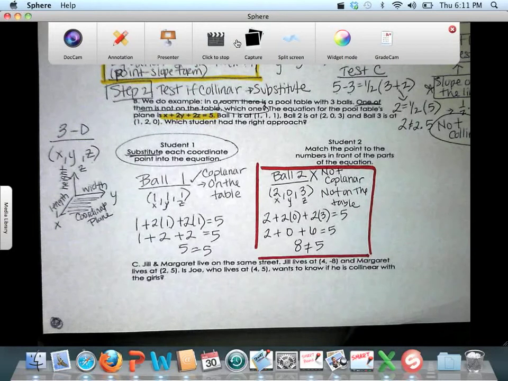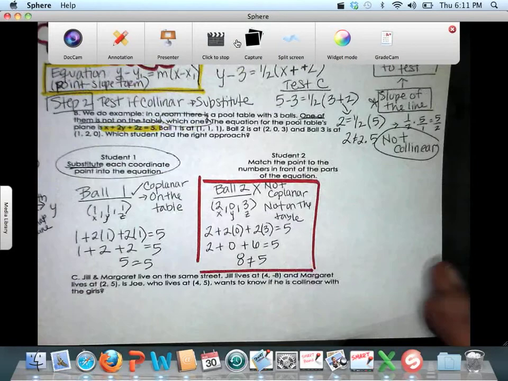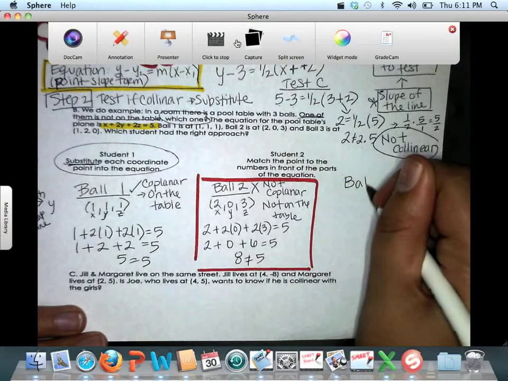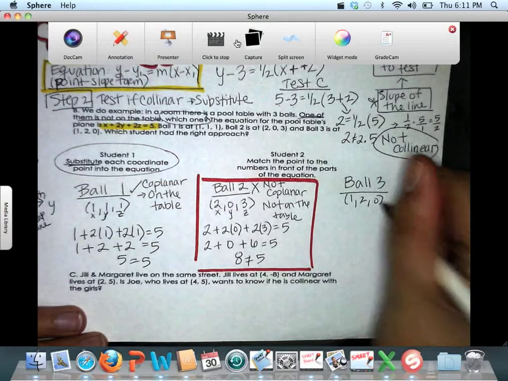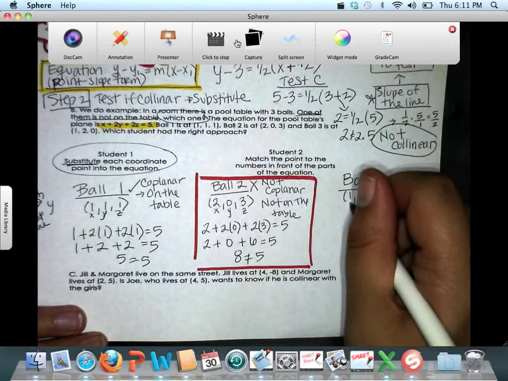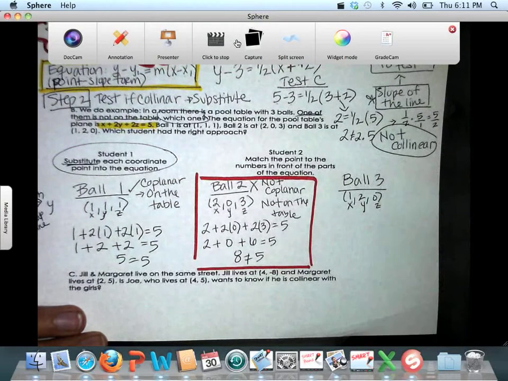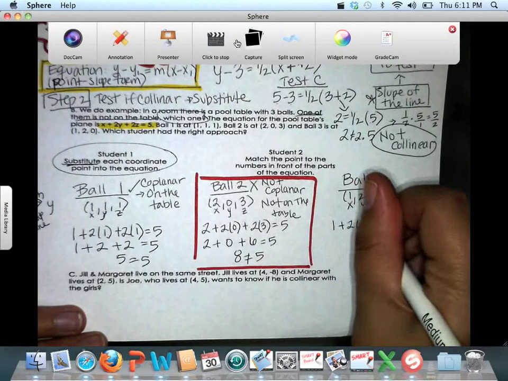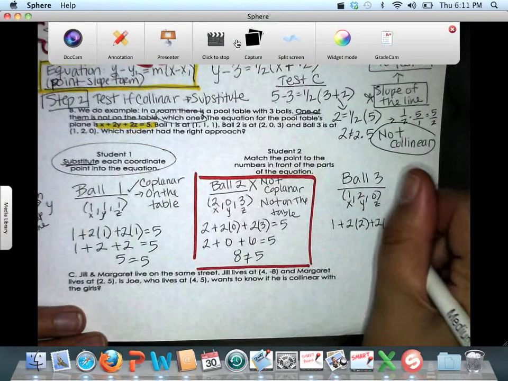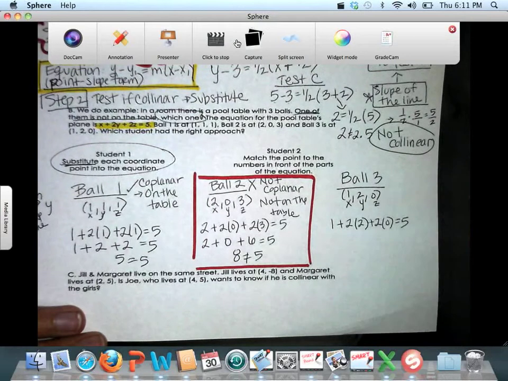table, but you could. So just to show you one more time, if we check ball 3, which point is 1, 2, 0, right? Label it X, Y, Z. Substitute it in. 1 plus 2 times 2 plus 2 times 0 equals 5.